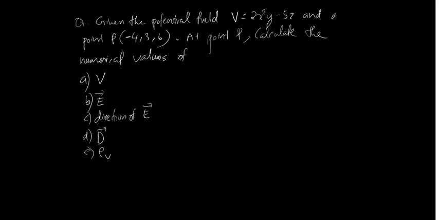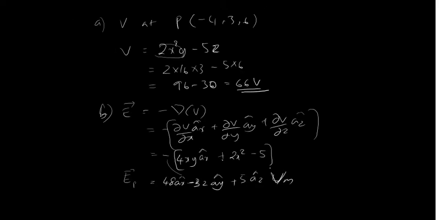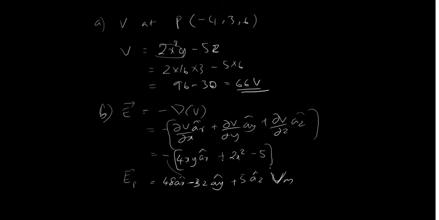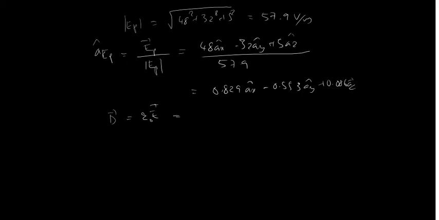Next, you have to calculate the value of D. So D is flux density. So how to calculate the flux density? D is equal to epsilon times E. So substituting epsilon, 8.854 into 10 raised to minus 12, multiply with 48 AX minus 32 AY.